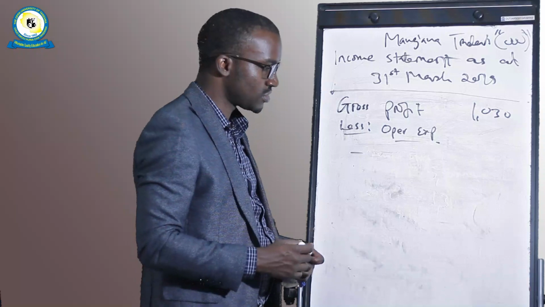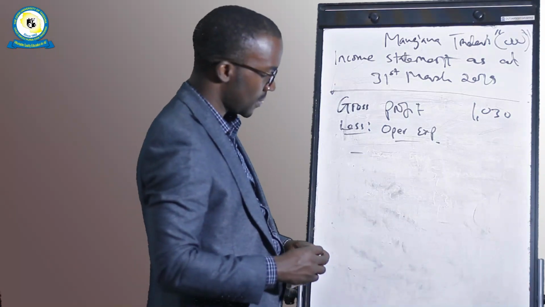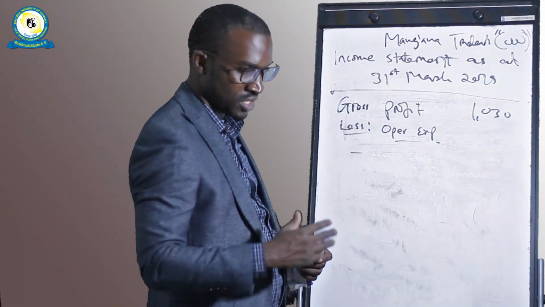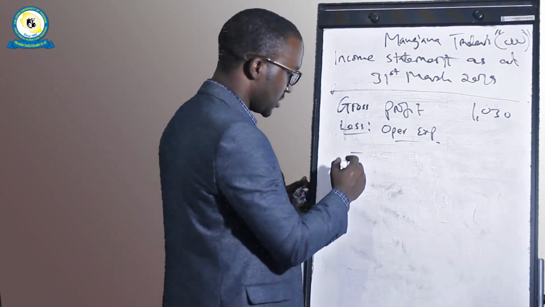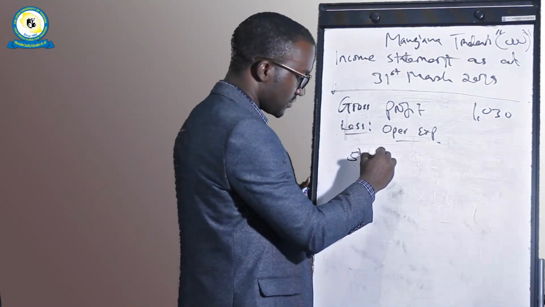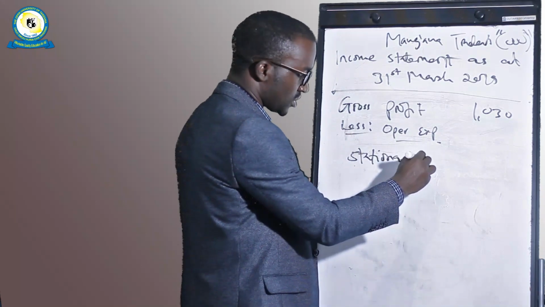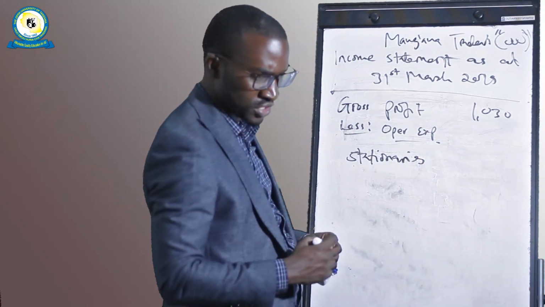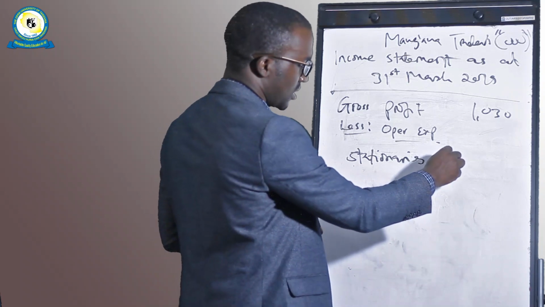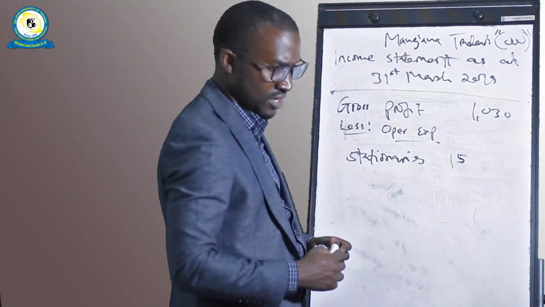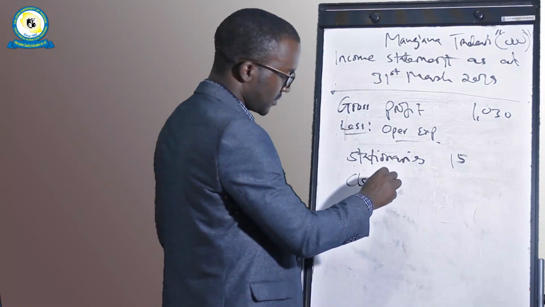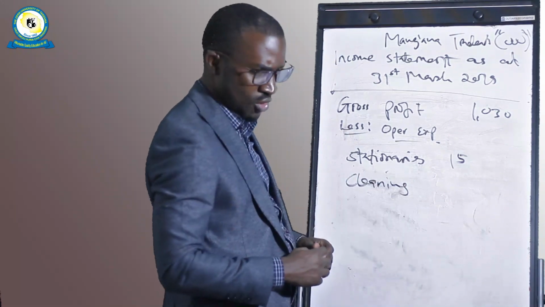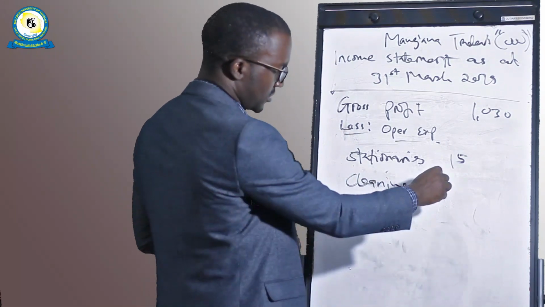Now let us go again into our trial balance that we were given. If you analyze the expenses that we're having, you have stationery. How much was the stationery? The amount of stationery was 15. And then you also have another expense of cleaning. How much is the expense there? It's 40.